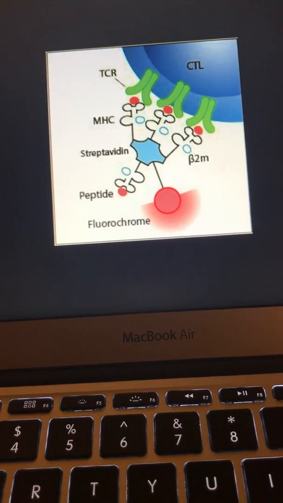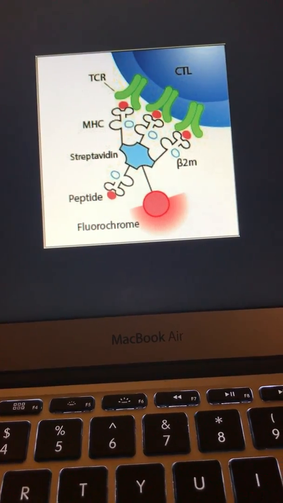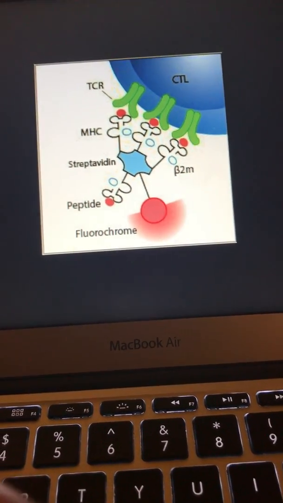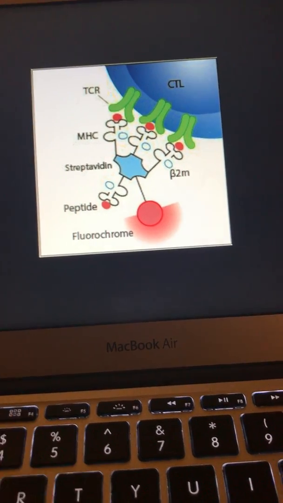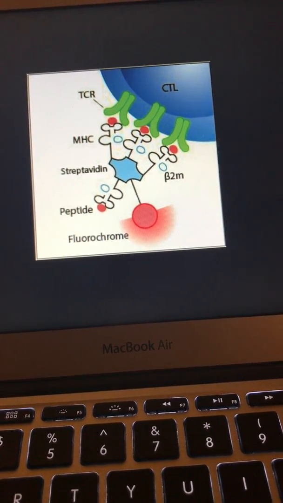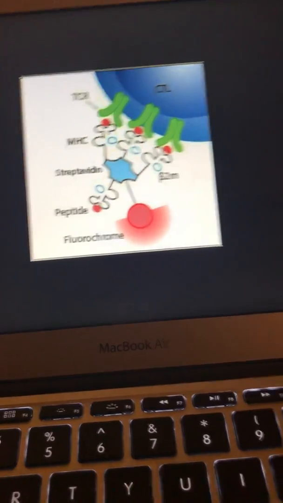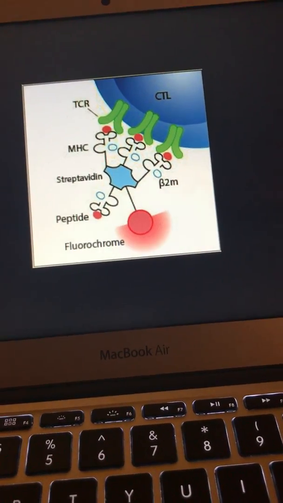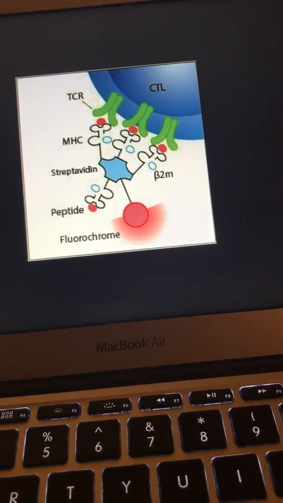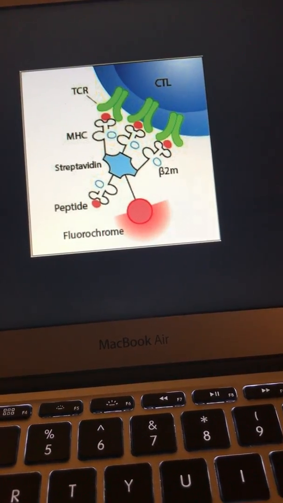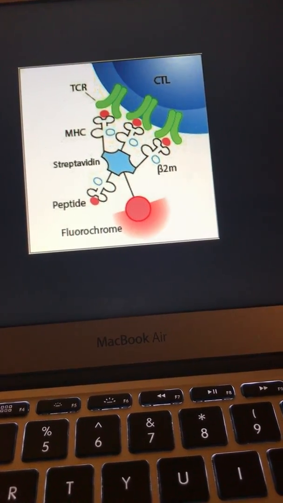MHC molecules have a chance to be mixed with antigen peptides, specific antigen peptides of interest, which results in a peptide MHC complex.